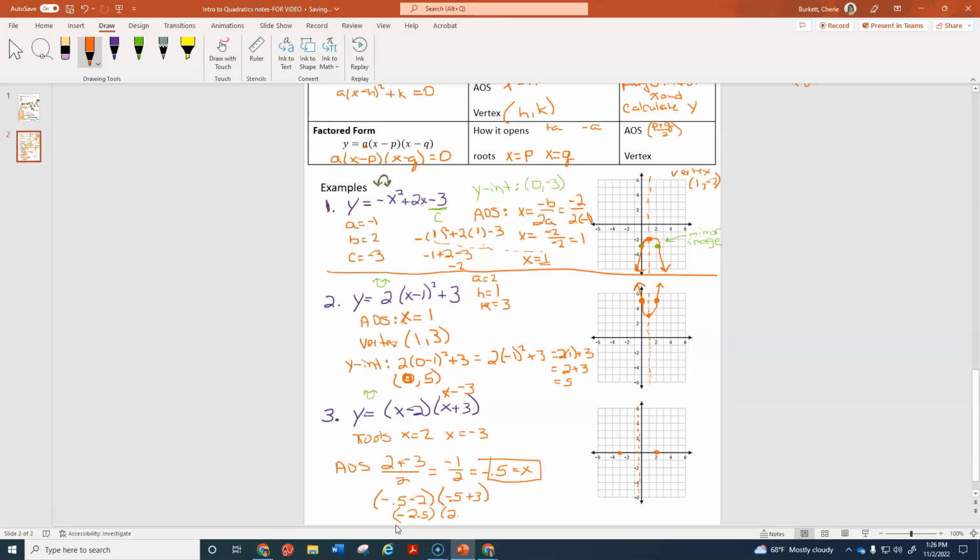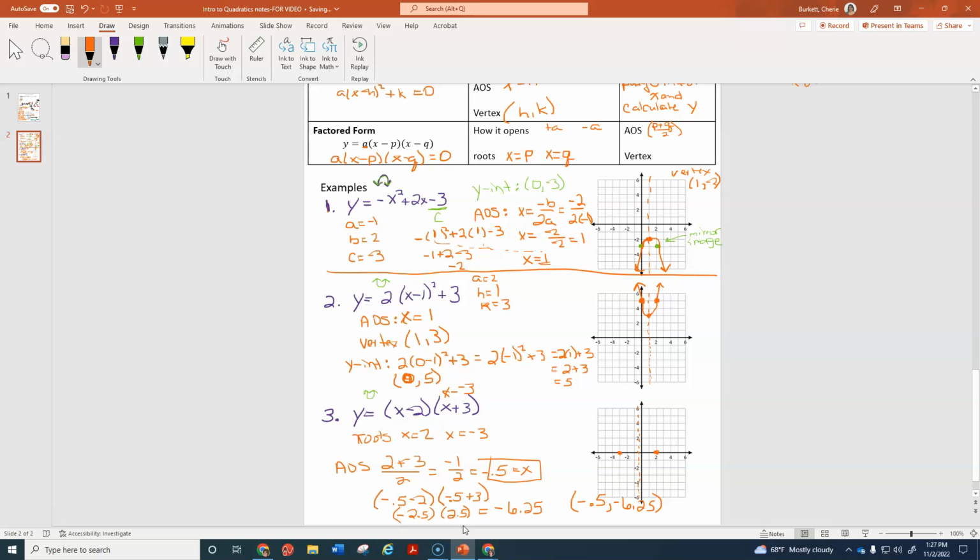The 3 is bigger, so it's a positive 2.5. And I'm going to have to use my calculator, but I know it's going to come out to be a negative. I think it comes out to be 6.25. Multiply those on the calculator. So that means that my vertex is at negative 0.5, comma, negative 6.25.